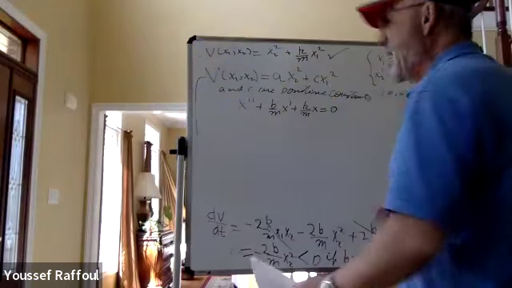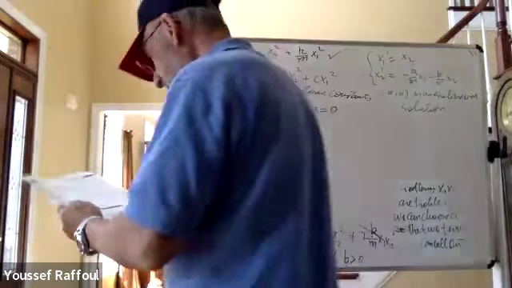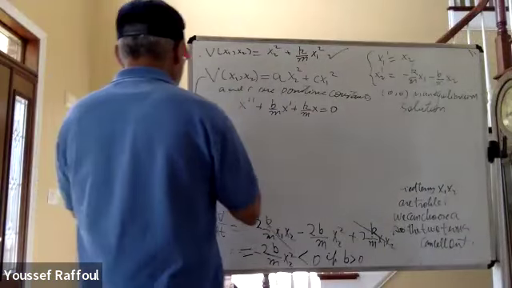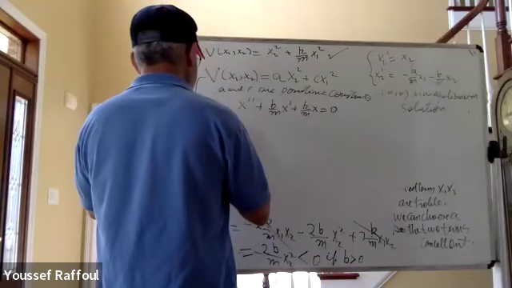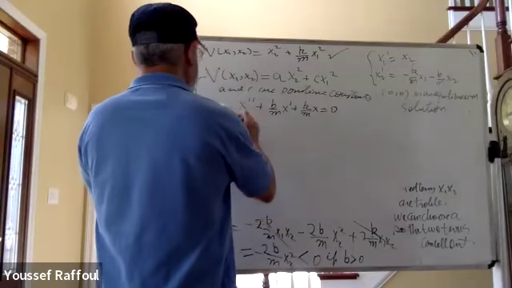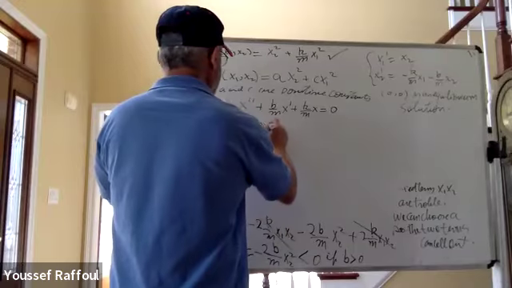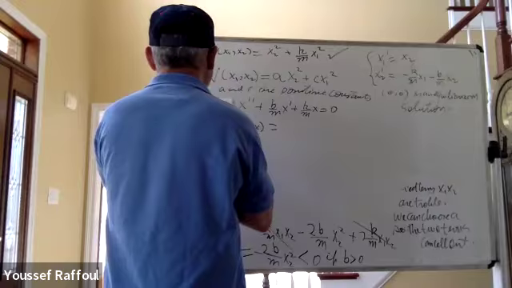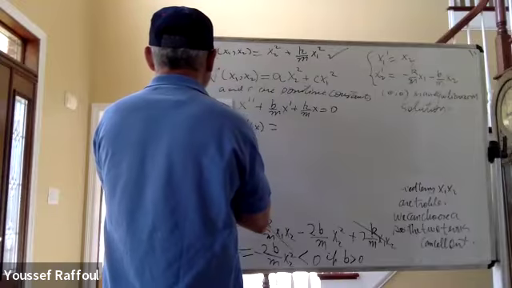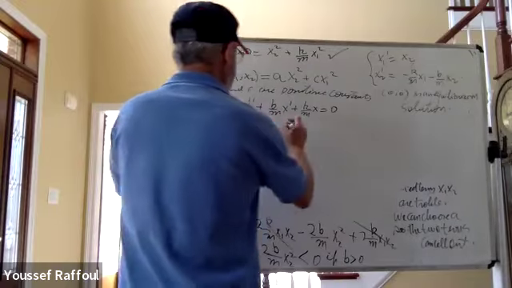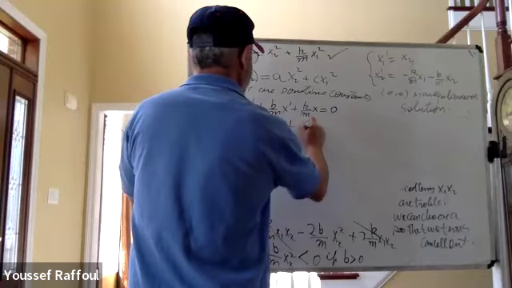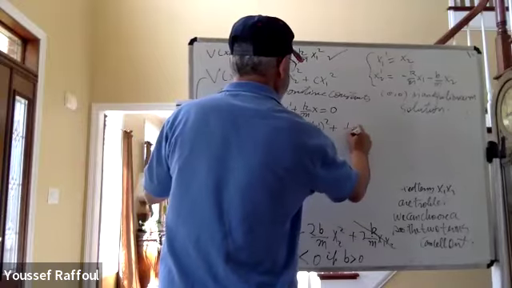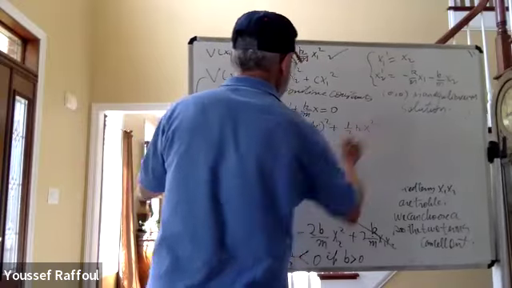Forget about this now, and let's say I take V of x to be one half m x prime squared plus one half k x squared.